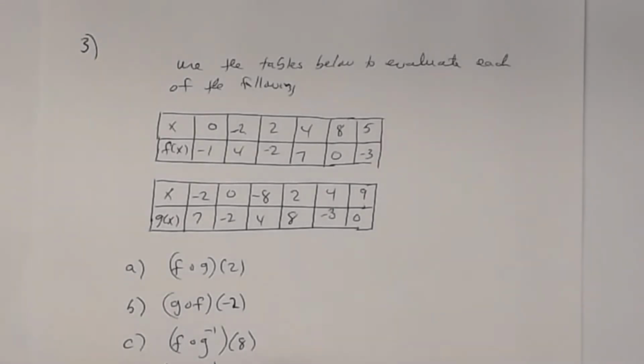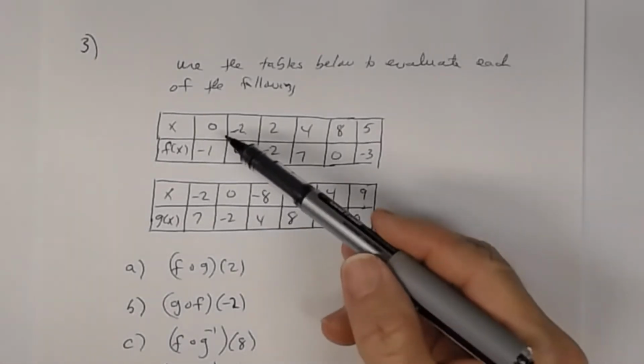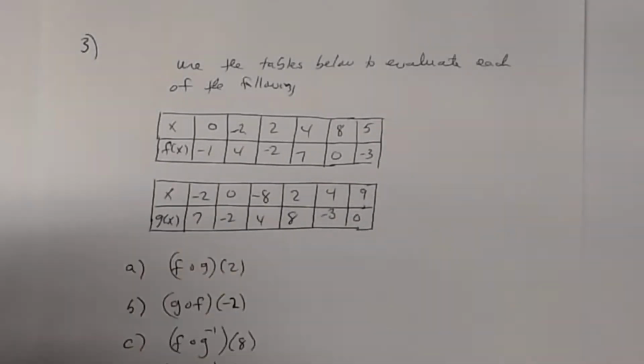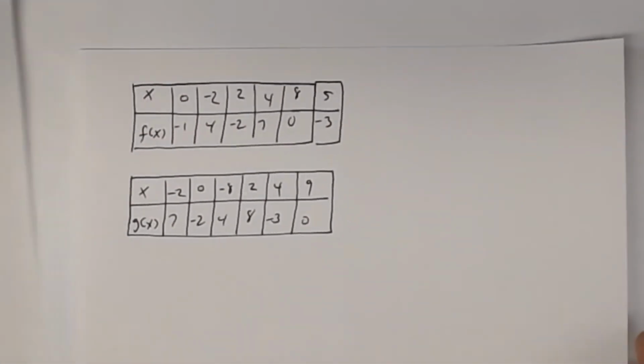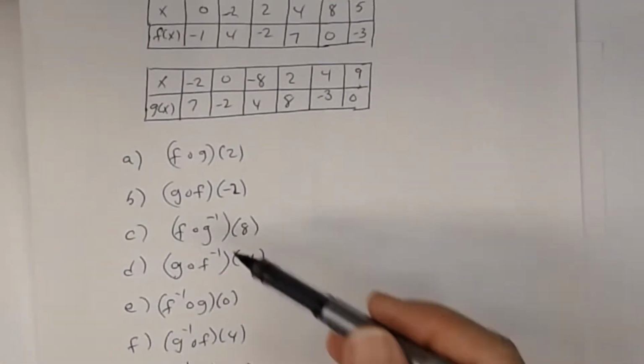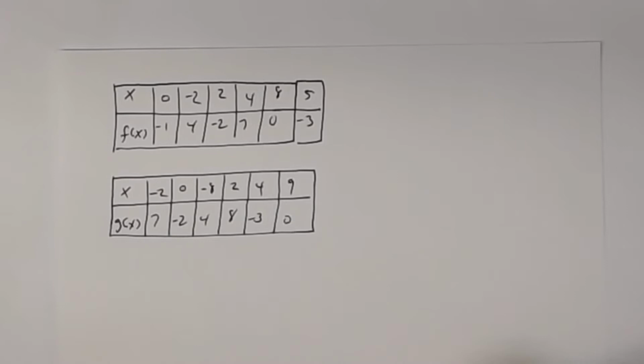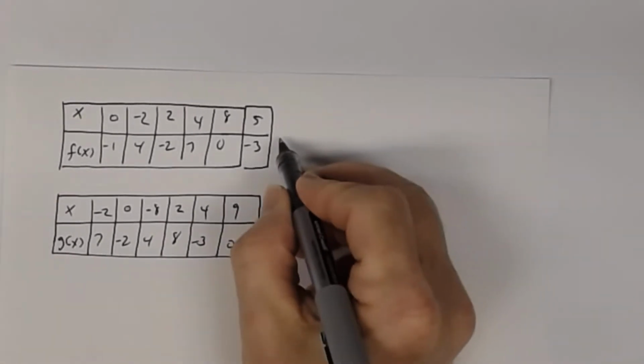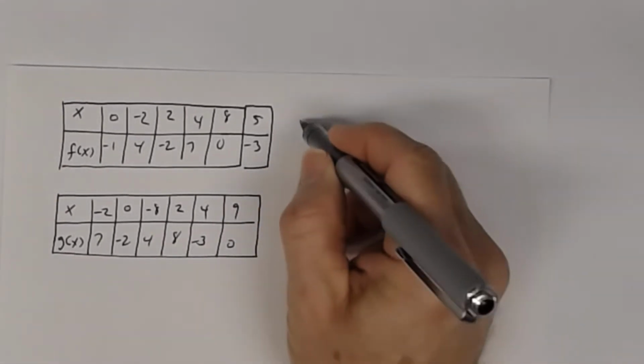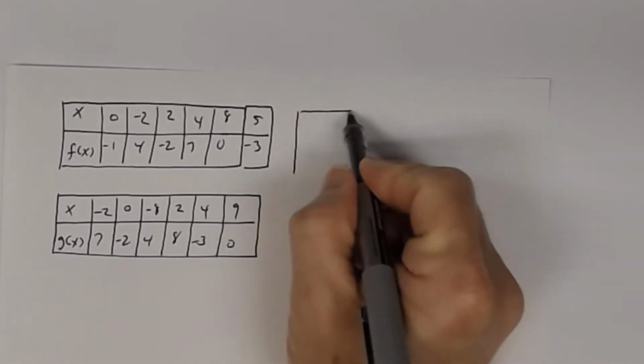Okay, so in number 3, again, you have two tables, one for f of x and one for g of x. I just rewrote them over, and to answer these questions, see there are some inverses involved, right? So when you're dealing with the table, it is very helpful to create your inverse tables. All right, so let's go ahead and create our inverse tables.